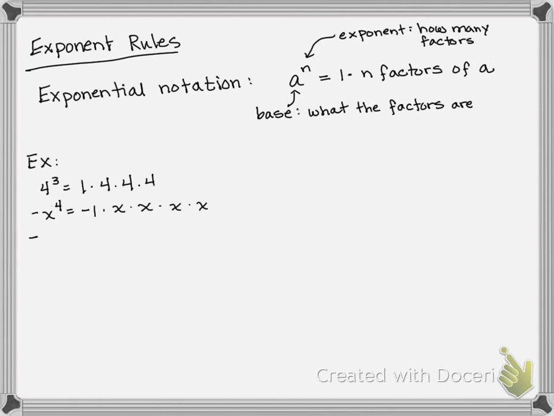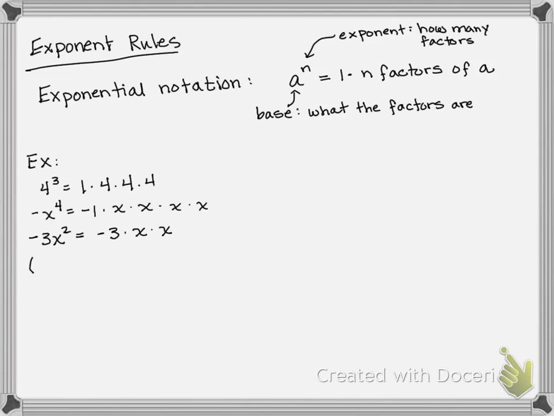So if we have negative 3x squared, that's negative 3 times 2 factors of x. I usually drop that factor of 1 if there's a different coefficient there. I mean, we could put another factor of 1, but if we have another coefficient there, the whole reason we have that factor of 1 is so that we have some sort of a numerical coefficient. So if we have a coefficient of negative 3, we don't necessarily need the factor of 1.